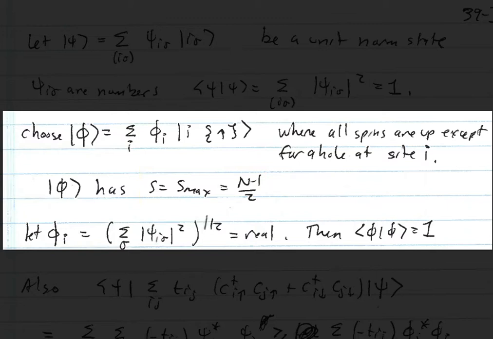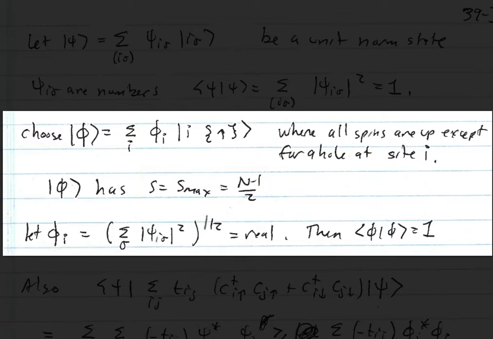What we're going to do is choose the numbers phi I to be the sum over all spin configurations, keeping the hole at site I, of the modulus squared of those psi I sigmas. And we're going to take the square root of that. Now, because that is a sum of real, positive numbers and I take the square root of it, that number is obviously real.